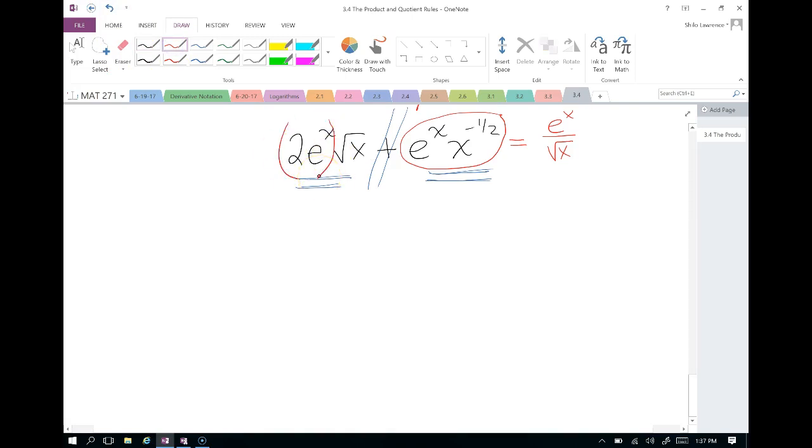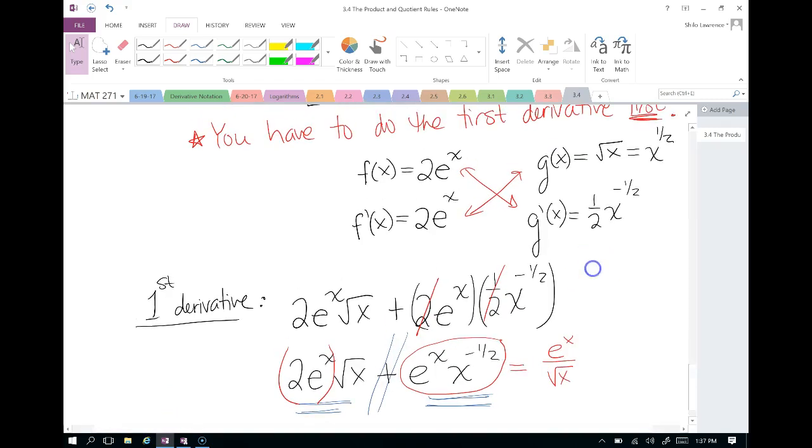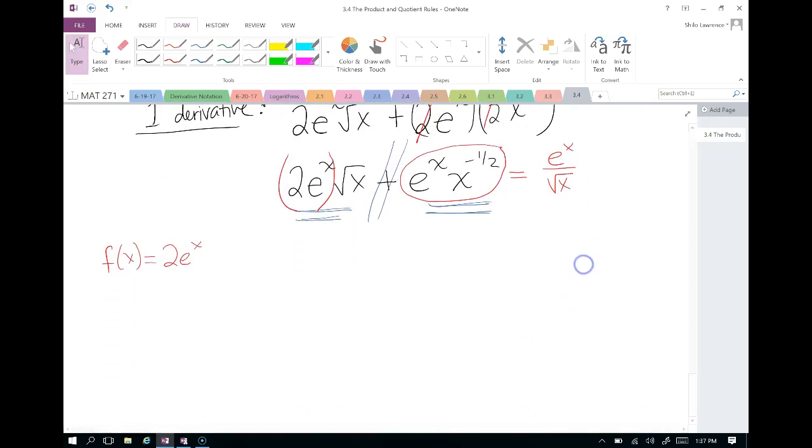So I'm going to work with my first piece, and I'm going to say f in the first piece is 2e to the x. So notice I'm not going back up to my old f and g labels. We are now working with a brand new problem. This is our new function here, and we need its derivative. So my first term has to be dealt with like a product rule. In the first term, I have an f times a g. So my f of x is going to be 2e to the x.